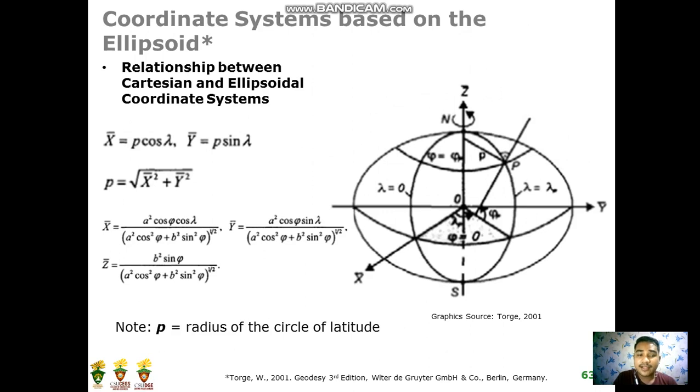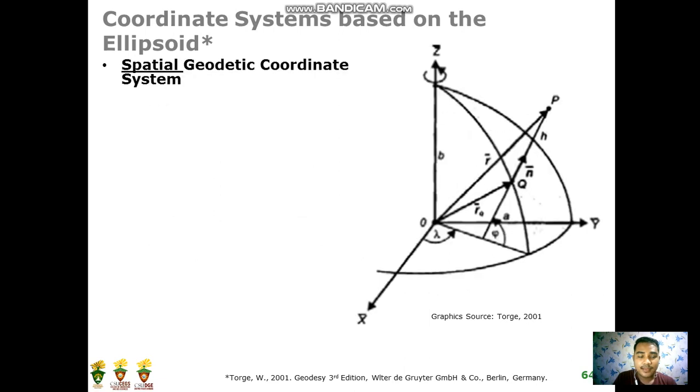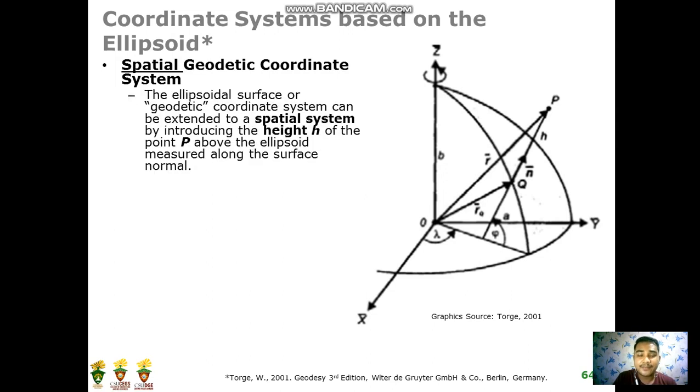So here are the relationships between the Cartesian and ellipsoidal coordinate systems, these formulas. You should recall these, since you have them in your geometric geodesy. Let's take note that P is the radius of the circle of latitude. And we have also the spatial geodetic coordinate system, which was previously called the space rectangular coordinate system.